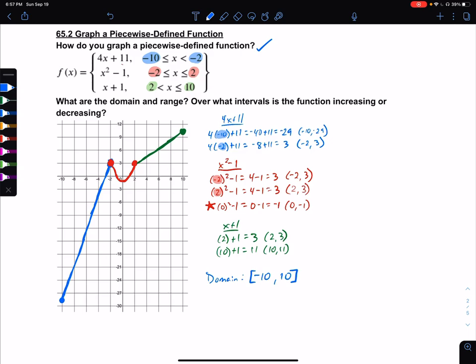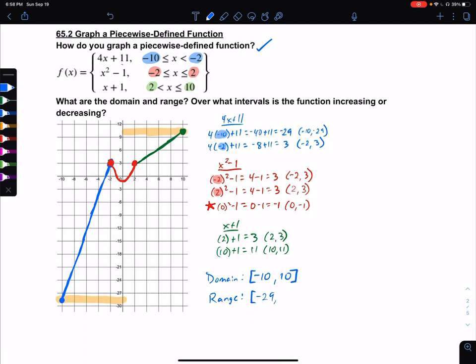In terms of range, again, we're going to look for a minimum and a maximum value. Well, the lowest point for my range is right here, and the highest point for my range is right here. The lowest value was negative 29, right?